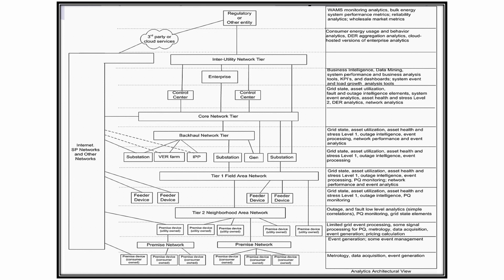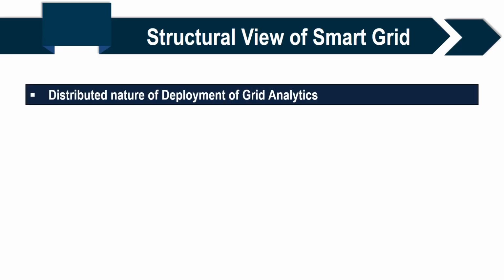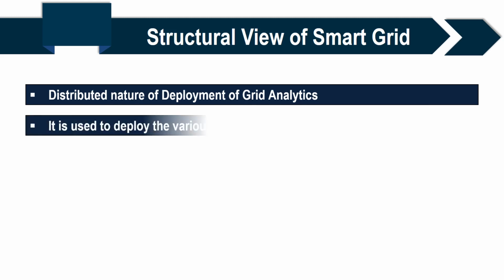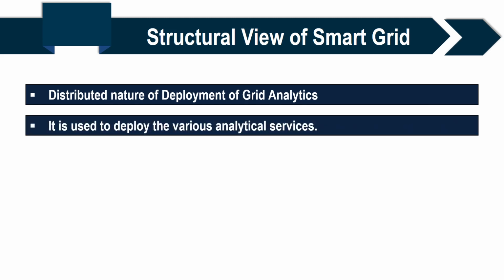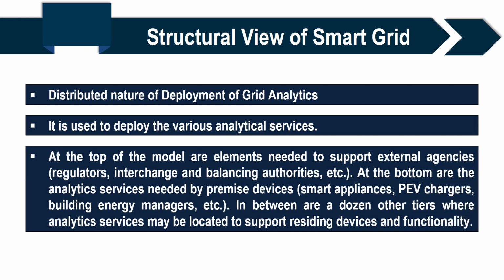Data moves from devices to the utility data center. The structural view for analytics also plays a big role in illustrating the fact that analytics has to be spread out across the grid. It is not that we deploy the analytics model only in the data center, but these analytics have to be deployed at multiple different layers such that they can react to events and take corrective actions.